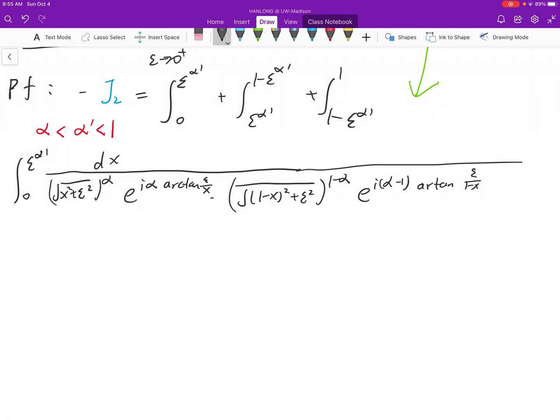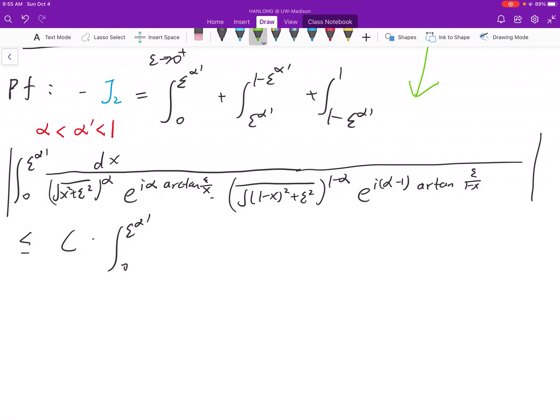Okay, the norm of the subintegral is less than c times the integration, where c is a constant.